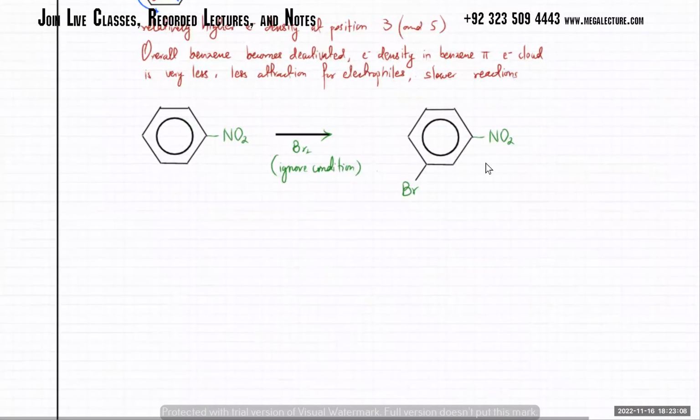This is 3-bromonitrobenzene, nitro is 1.